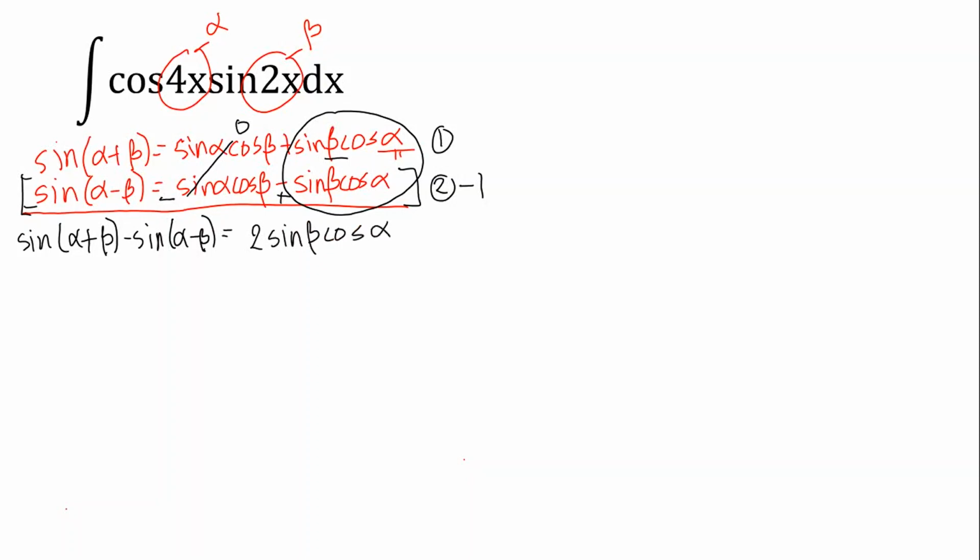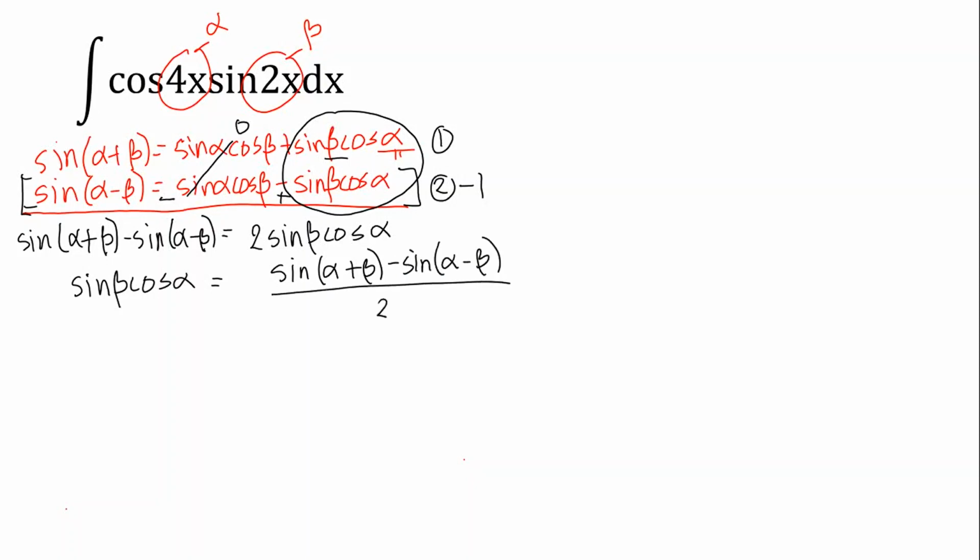By further simplifying the equation, we can say that sine beta cosine alpha is equal to sine alpha plus beta minus sine alpha minus beta all over 2. And we know that our alpha is equal to 4x and beta is equal to 2x.